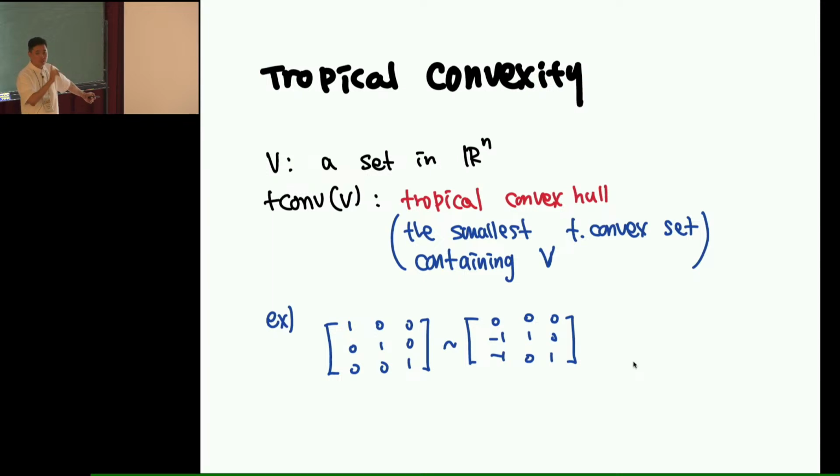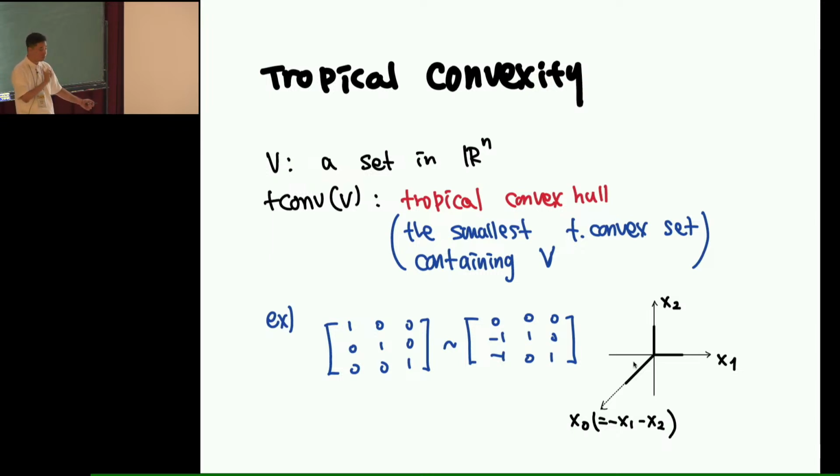If you consider the tropical convex hull of the columns of this matrix, then you get this union of the 3 thick line segments here. This is the tropical convex hull of the columns. I want to point out that we have 3 different directions, x1, x2, and let me denote this direction by x0.